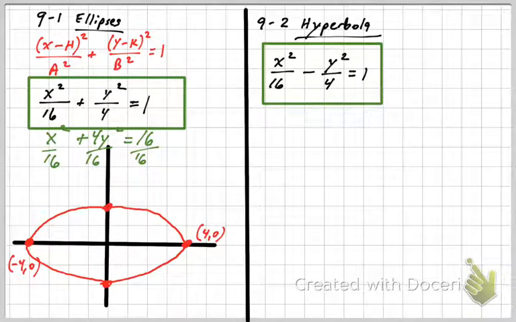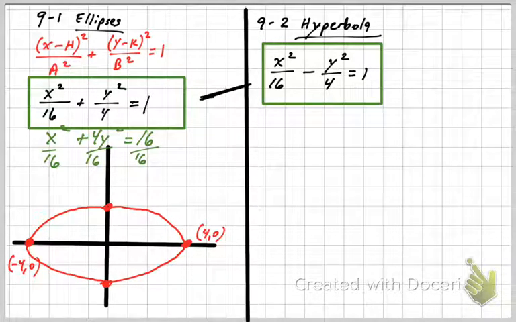Is this almost identical to the first equation? Yes. What's the only thing that's different? There's a minus instead of a plus. Do you agree this one has a minus instead of a plus, the only difference between these?